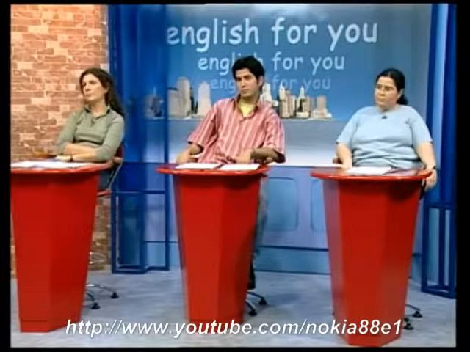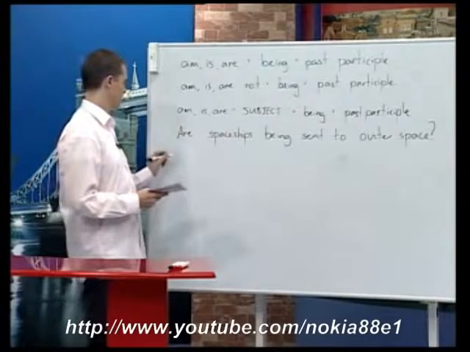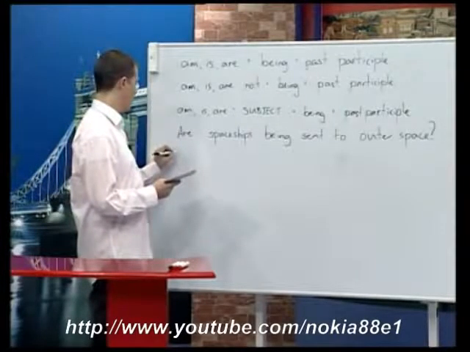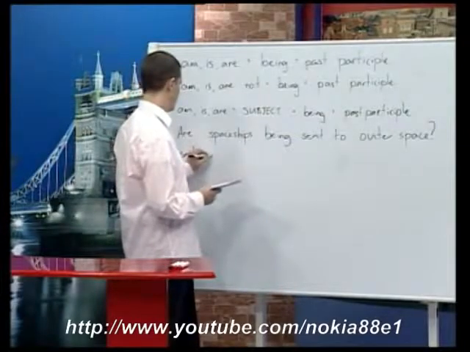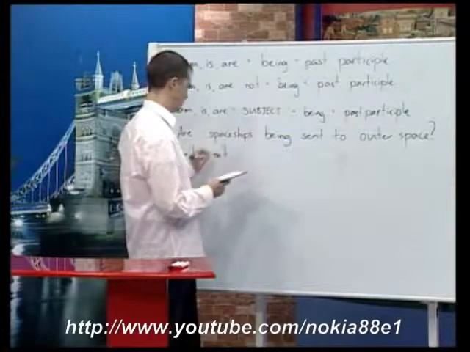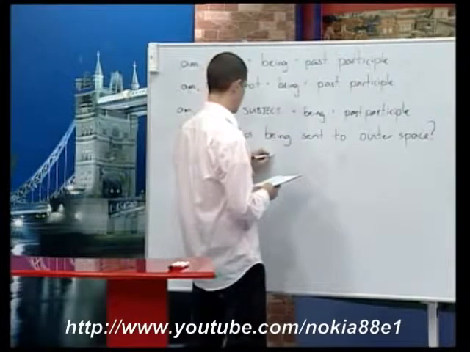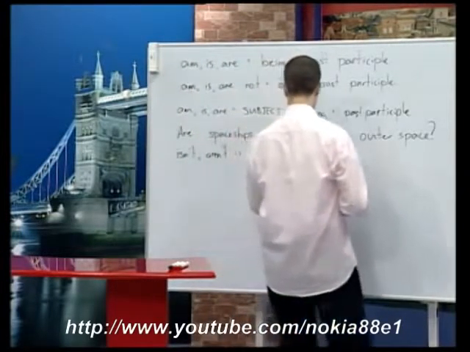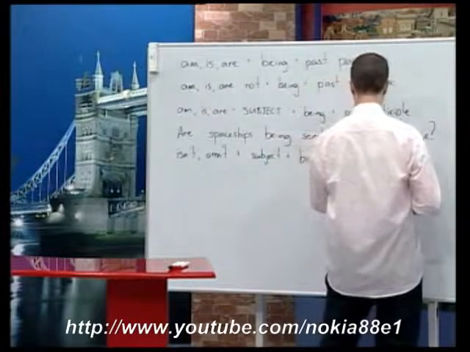To form negative questions, same idea. We use isn't or aren't plus subject plus being plus past participle.